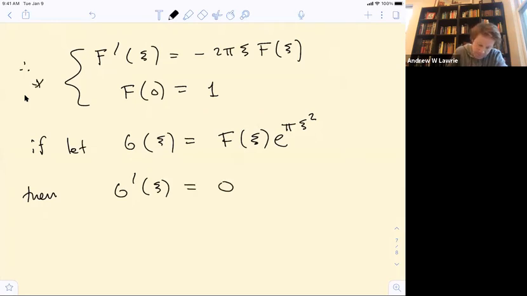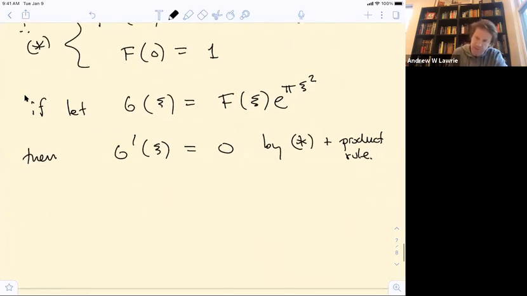Let me call this star, by star and the product rule. This is the method of integrating factors for solving an ODE. So this implies that g has 0 derivative, so g is constant.